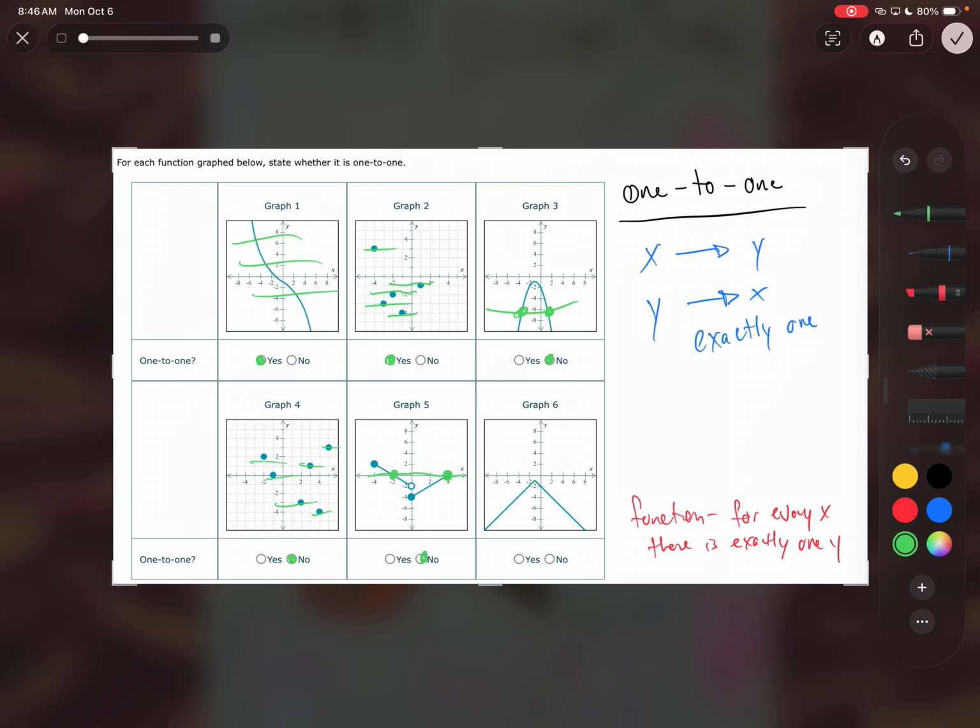Wait, this one was yes, wasn't it? I never hit two of them. If it hits it twice, it is not one-to-one. It could still be a function, but for every y there needs to be exactly one x. There are two x's on that one. At y equals -4 right here, I get 2 and -4. That makes it not a one-to-one function.